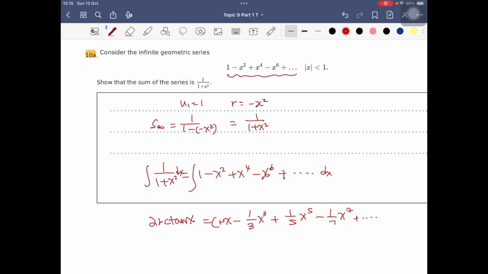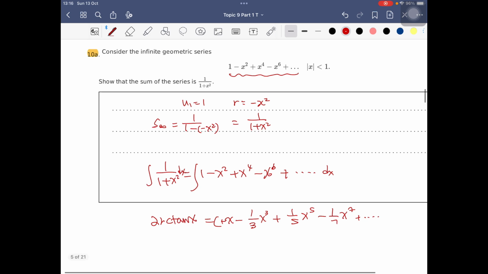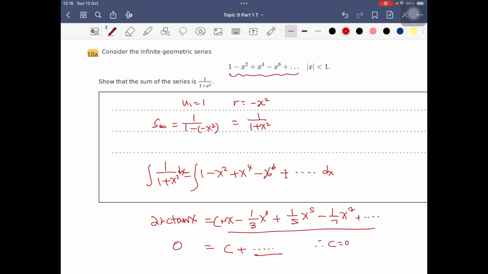But because now we know arctan of 0 is 0, when we put 0 here, this becomes 0, and c plus 0 is all 0. That's why c becomes 0, and we have only this one.